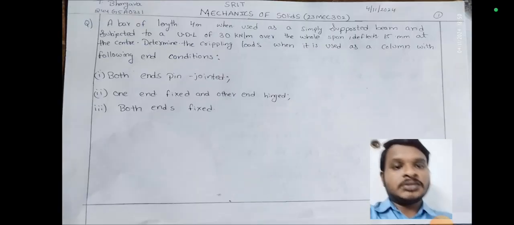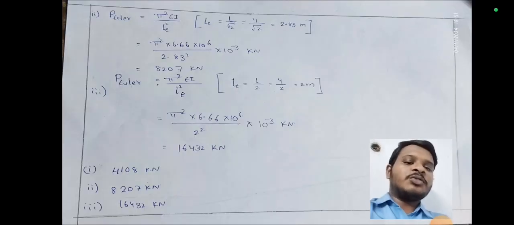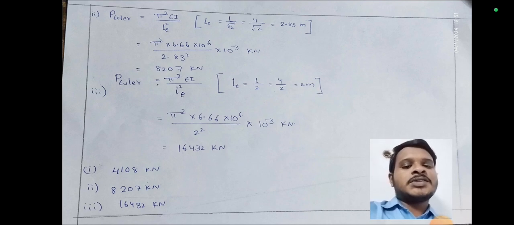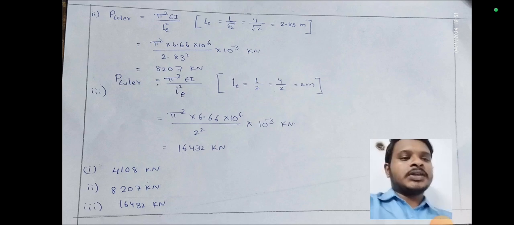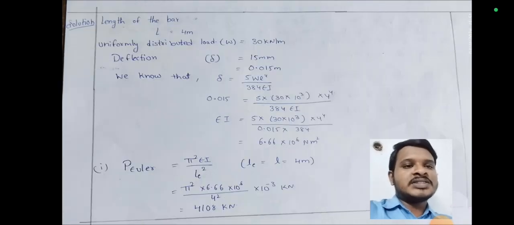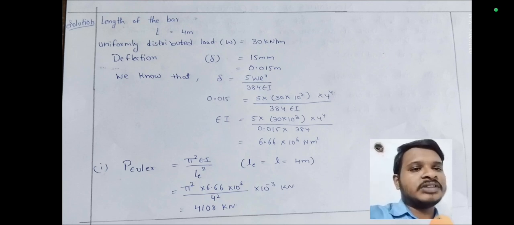For the above three conditions we got the results. The first one is 4108 kilonewton, the second is 8207 kilonewton, and the third is 16432 kilonewton. While we are doing any problem, we have to check what the given data is and what formula is applicable for this problem.